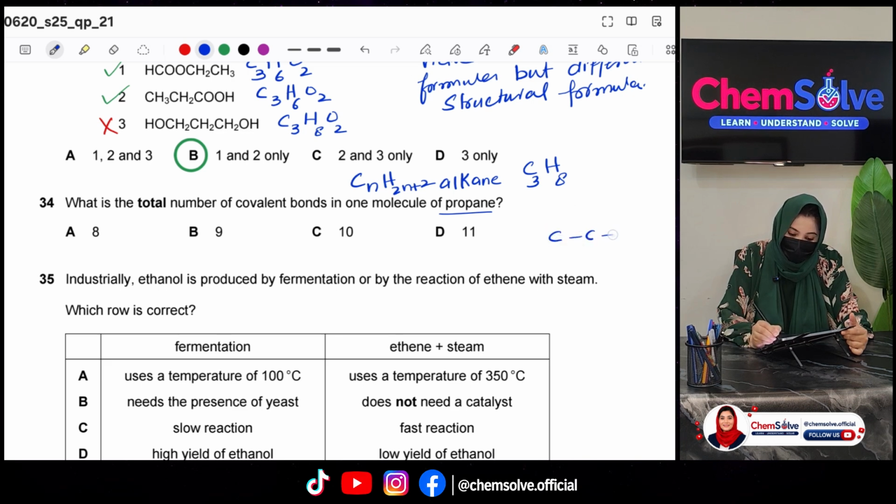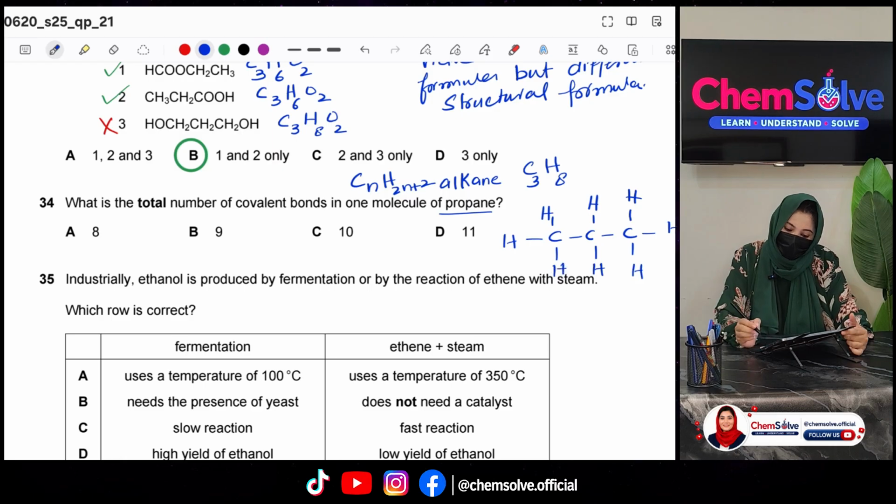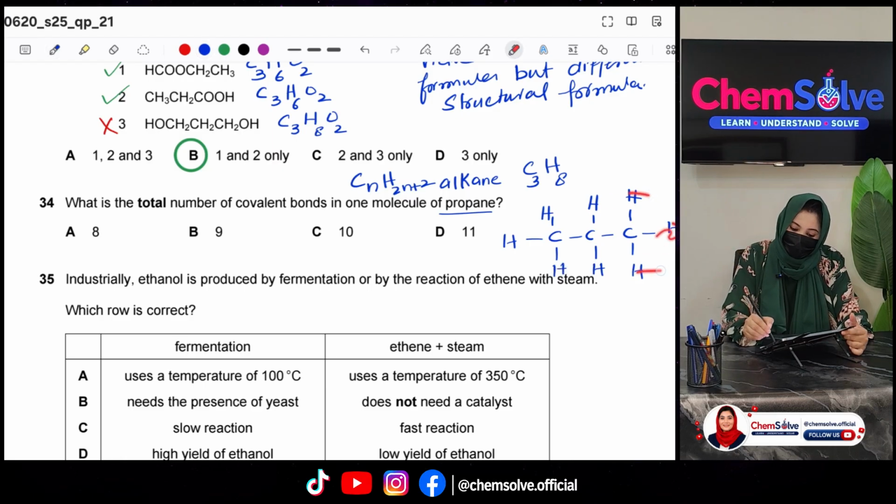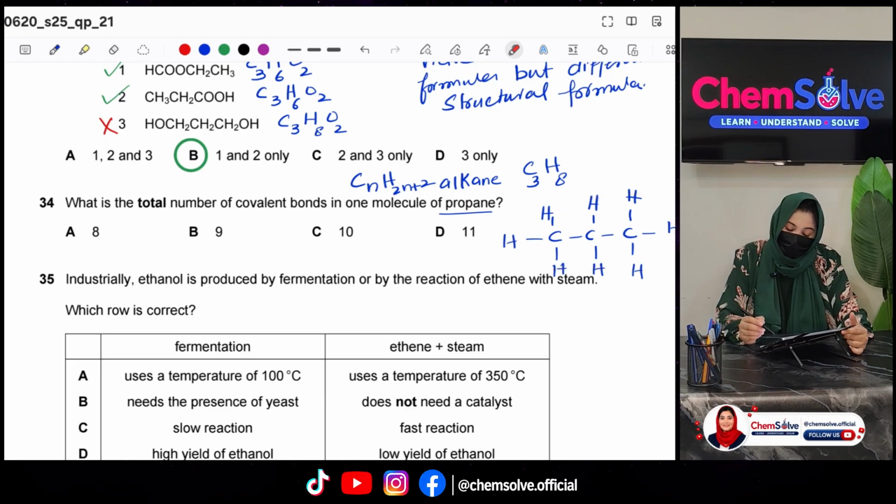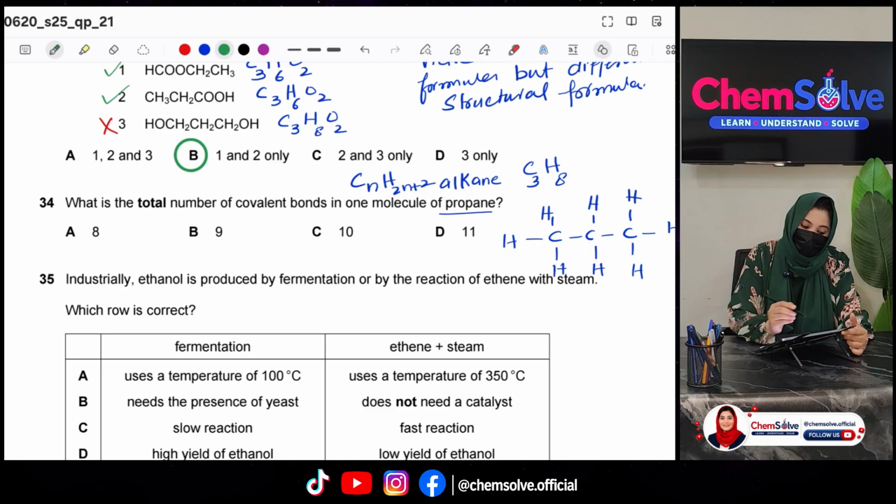It has 3 carbons and 8 hydrogens. Okay, now count the covalent bonds. 1, 2, 3, 4, 5, 6, 7, 8, 9, 10 covalent bonds are here. So it means C is the correct option.